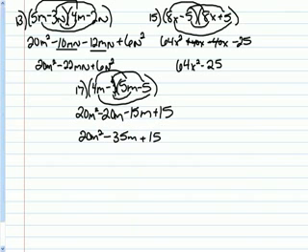The next page is a little bit different. On the next page, number 1, we have x plus 2 times x squared minus 2x plus 1. This is no longer a binomial times a binomial. This is a binomial times a trinomial, so we cannot use FOIL.